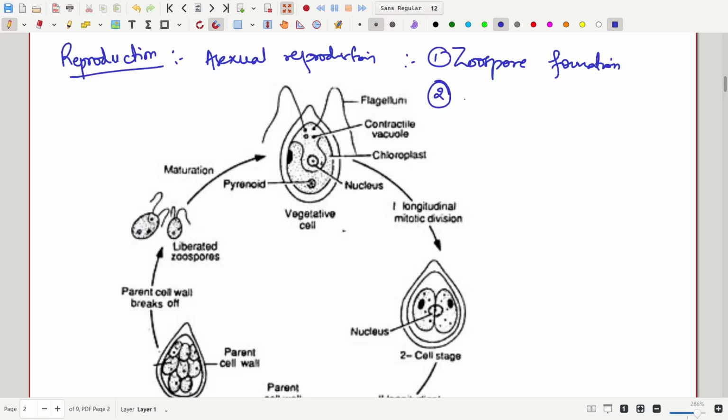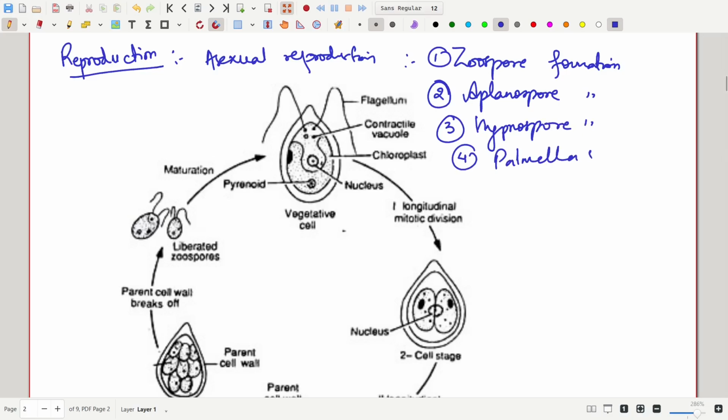Second one is the Aplanospore formation. Third one is the Hypnospore formation. Fourth one is the Palmella stage. Let's discuss everything one by one.